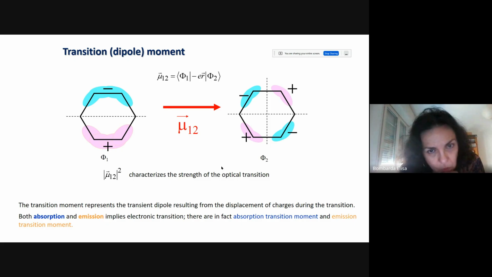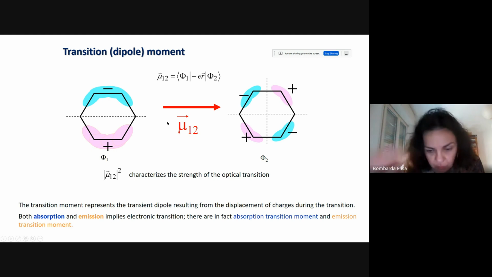Yes, that's just a little bit of quantum physics, very, very light. And so here we have a transition between these two states of the molecule, and the transition moment is represented by the transition dipole resulting from the displacement of charges during the transition.